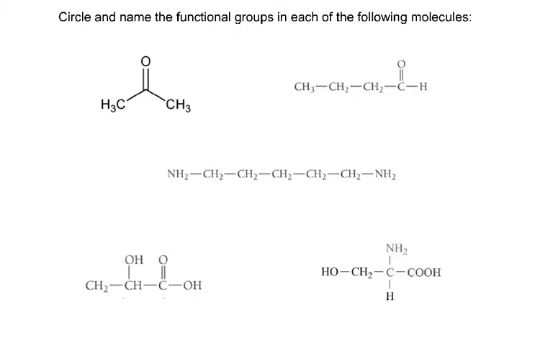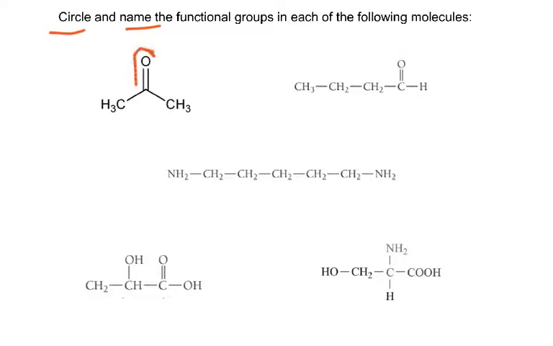So, for example, we're going to circle and name the functional groups in each of the following molecules. Anything that's just carbon and hydrogen is not a functional group. So we're looking for things that are other: oxygens, nitrogens, sulfurs, but I think most of the ones on the previous slide were oxygens and nitrogens. So in this first molecule, I've got this oxygen here, all right?